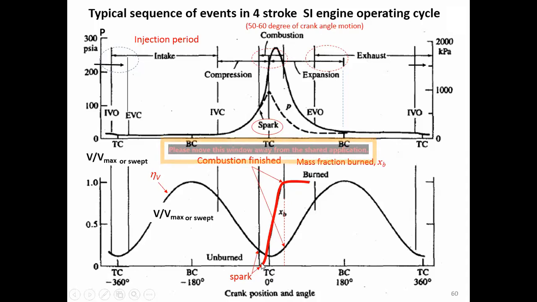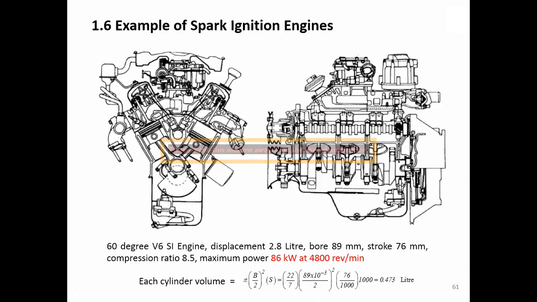After that, it increases rapidly, and then stays the same after that. After the combustion finishes, no more. So this gives you the picture of what happened inside the cylinders.